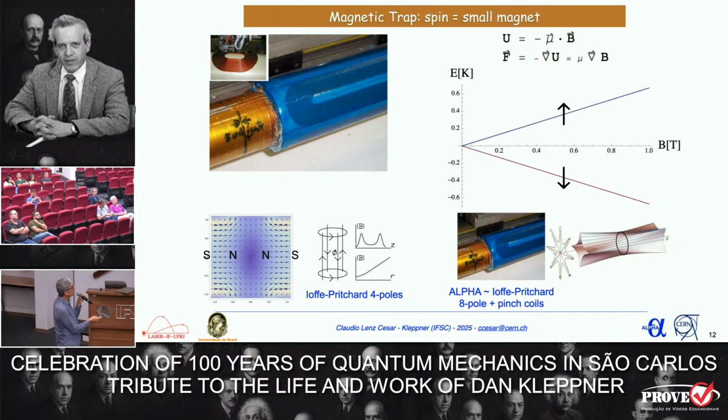And it can trap the species where the potential magnetic energy of the atom grows with magnetic field. These are the so-called low field seekers or low field seeking states. Why? The energy grows if you grow the magnetic field.